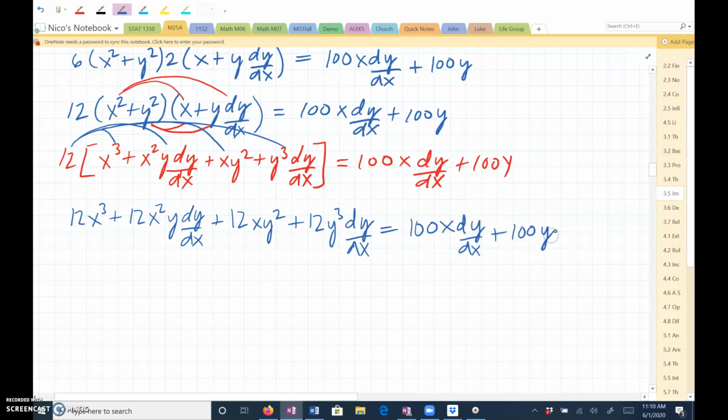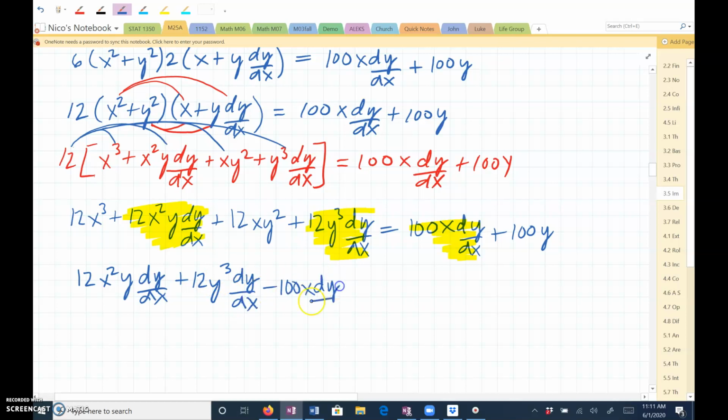Next, what I want to do is get all the terms with the dy/dx's on the same side of the equation, because eventually that's what I want to solve for. So I'm going to keep the 12x squared y dy/dx on this side, plus the 12y cubed dy/dx, and then I'm going to subtract the 100x dy/dx.